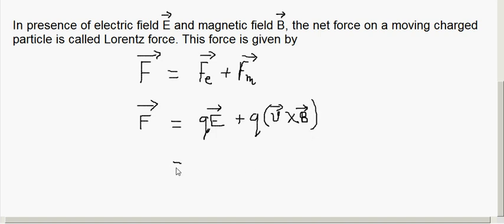So now if I take Q outside, I'll get that as E plus V cross B.